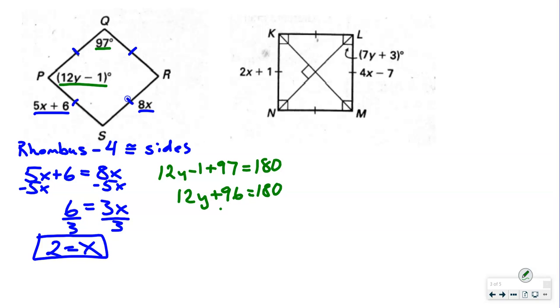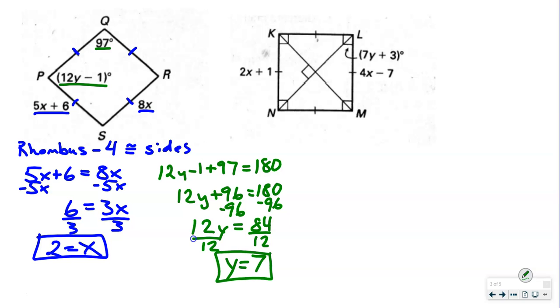I can subtract the 96 from 180. 12y equals 84. And then I divide by 12, and y equals 7.